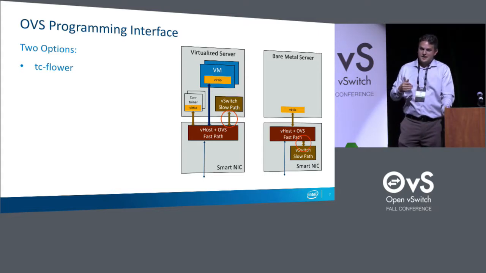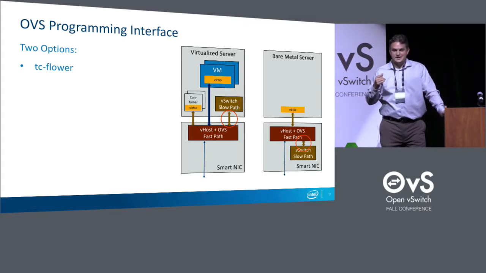What we found with TC-Flower, though, was that when we added connection tracking, it was too slow at updating new flows per second. When OVS is running at the edge, it's basically tracking every TCP connection. So every time a new TCP connection comes up, the packet goes to the slow path, has to be processed, and a new rule has to be pushed down into the hardware.